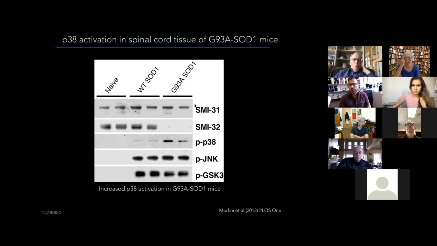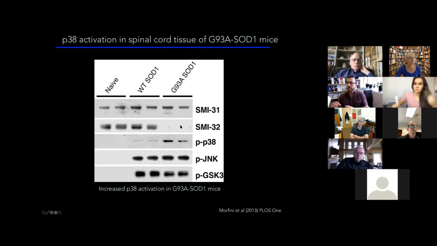And actually, if you use antibodies against specific phosphorylated epitopes in the spinal cord lysate, you see, for example, the SMI31 epitope, one that is very commonly used to visualize axons. There's no obvious changes. But if you use this SMI32 antibody, you see a dramatic decrease in the immunoreactivity.